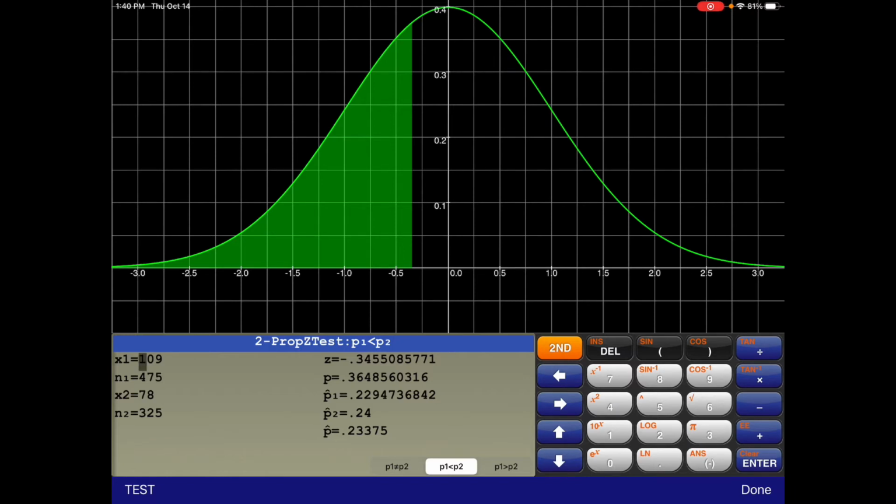And so part B for this example is asking for the test statistic. Let's go ahead and round that to 2 decimal places. So you would get negative 0.35, whereas part C on this example is asking also for the p-value, which we're going to round 4 decimal places since this is a probability. And I get 0.3649, rounding that 4 decimal places.